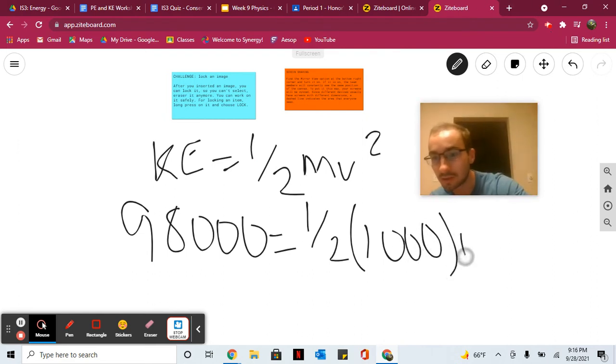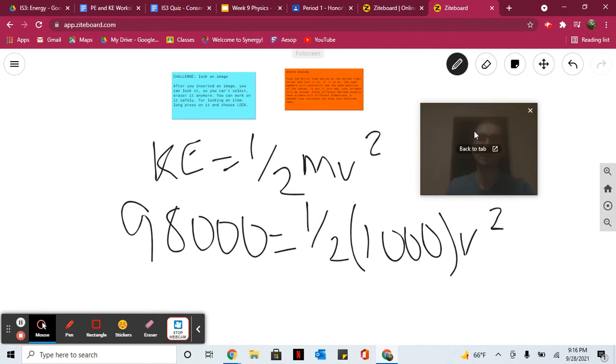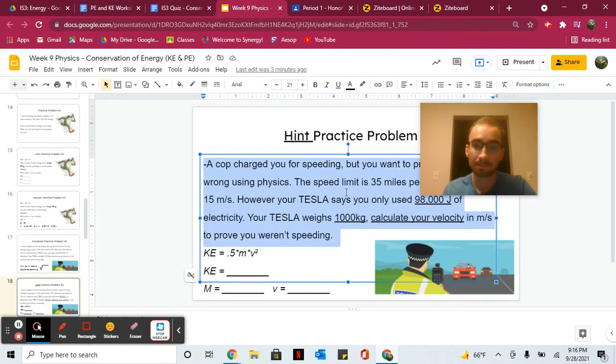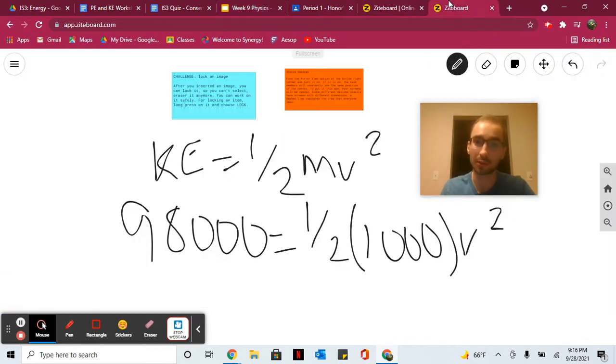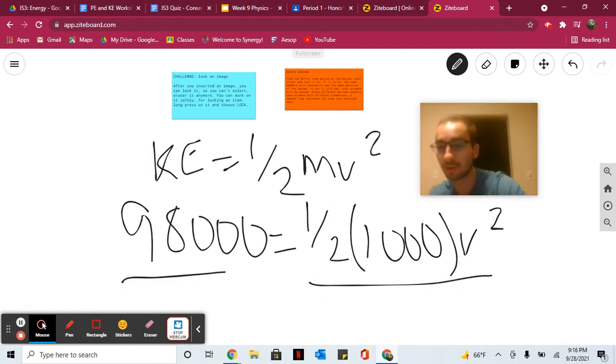But we don't know V. I gave you the speed limit, which is 15, but you don't know how actually fast the car was going. So we're trying to get V. Okay? So having this formula, we want V by itself. So to get V by itself, to undo all the multiplying, you're going to divide.